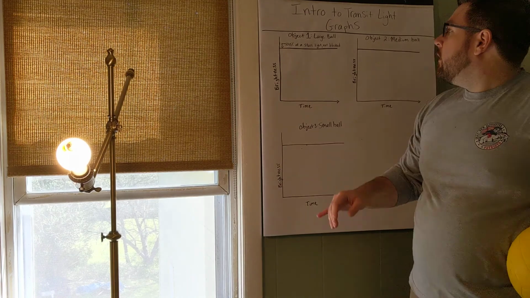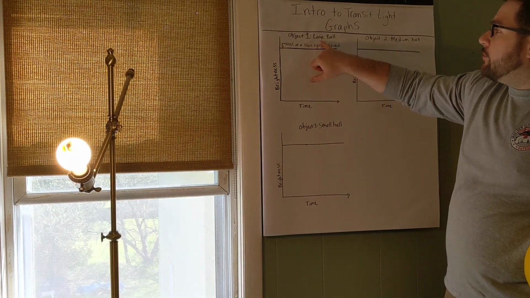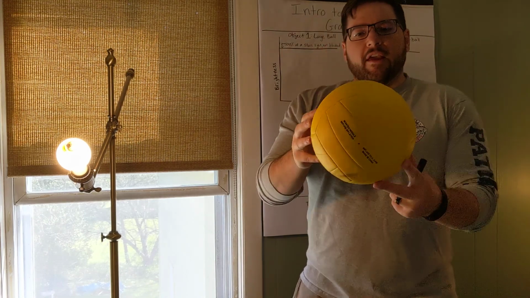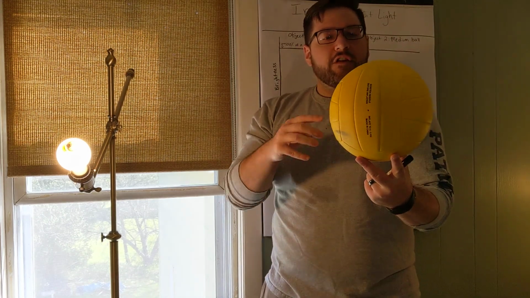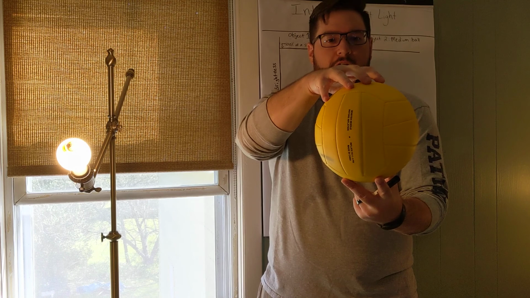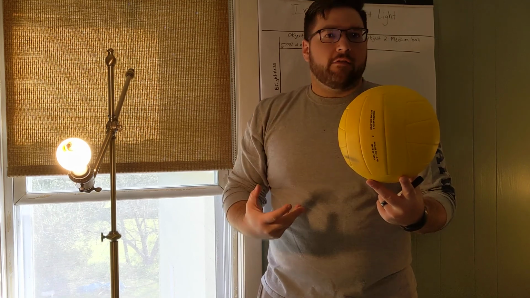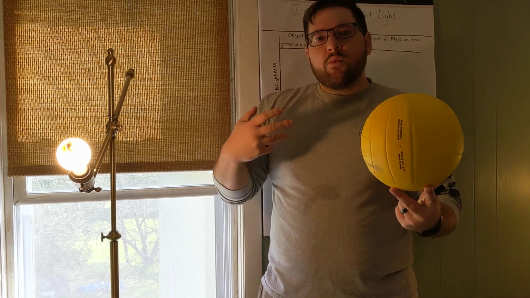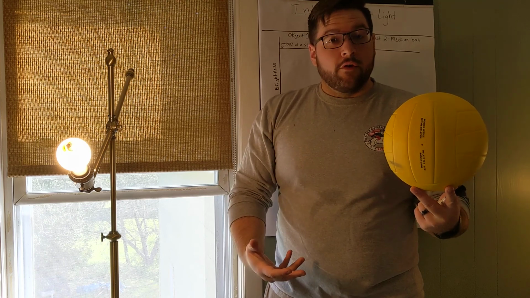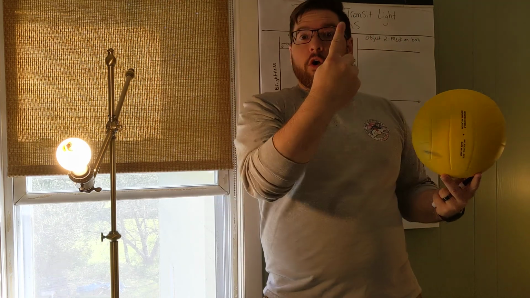The first object I have here is a large ball. What I want you to be thinking of with these different sized balls is that they represent planets. The way that we know planets move is in an orbital fashion, right?